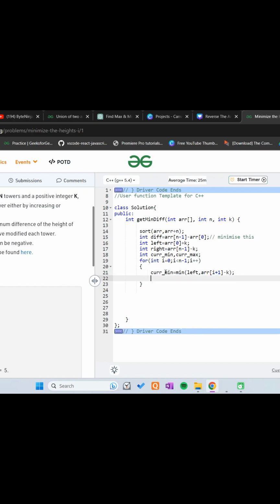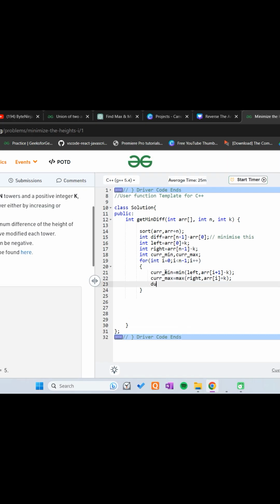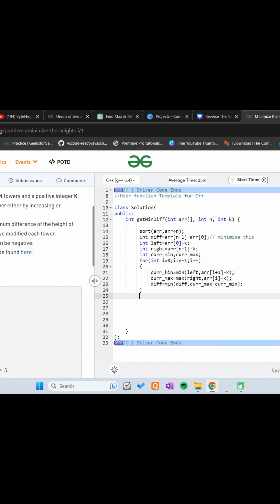And current max is nothing but the max of right, arr[i] plus k. Take arr[0] plus k till arr[n-2] plus k, and we have to find the difference, so we have to minimize the difference. So the difference is the minimum of difference and current max minus current min.